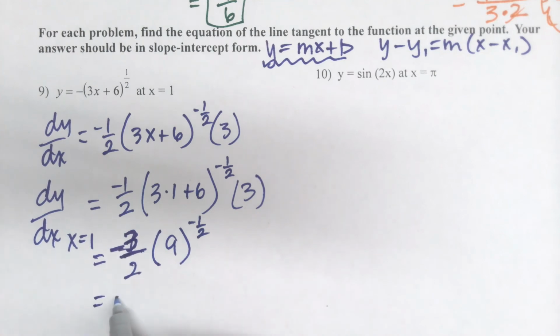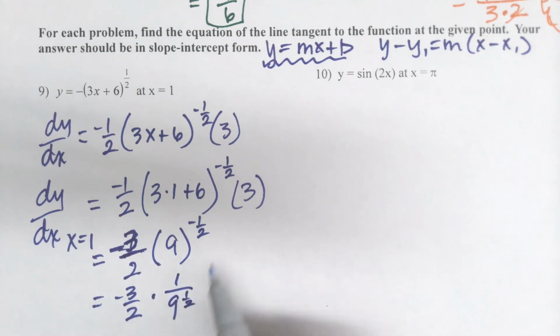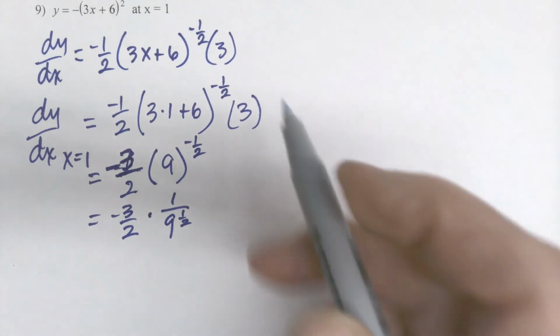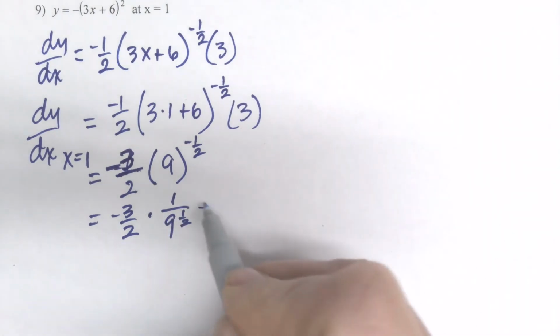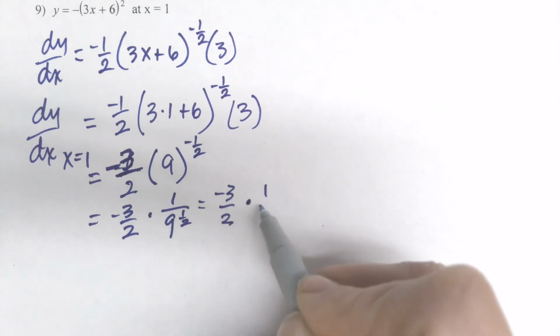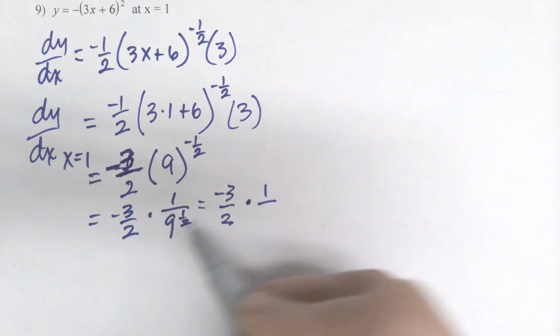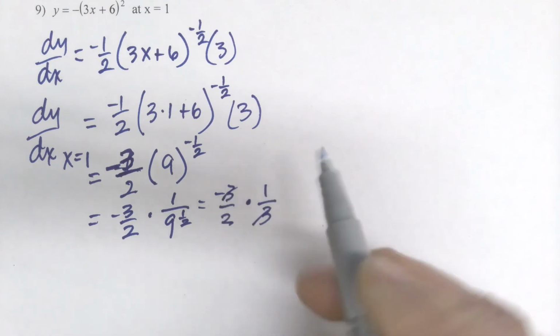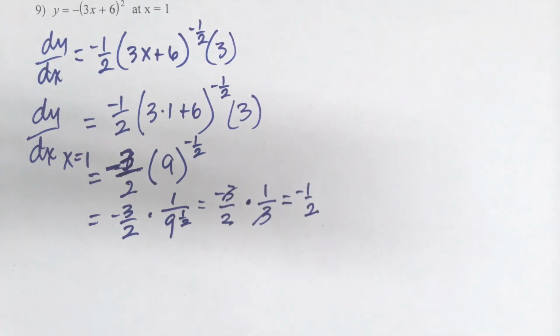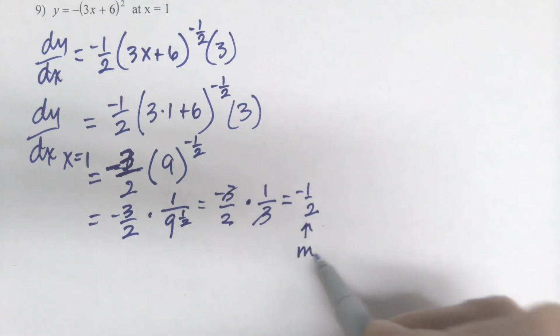Well, that is negative 3 halves times 1/9 to the 1/2, which remember is the square root of 9. And so I have negative 3 halves times 1 over the square root of 9, which is 3. Do some canceling. My final answer is negative 1/2. That is my slope. That's the m part of it.